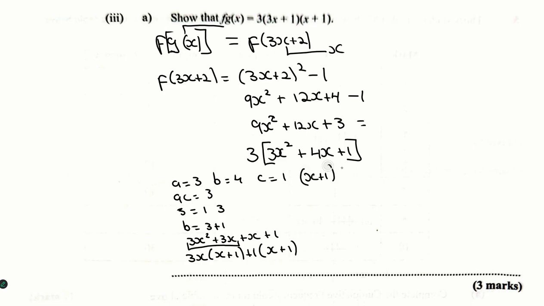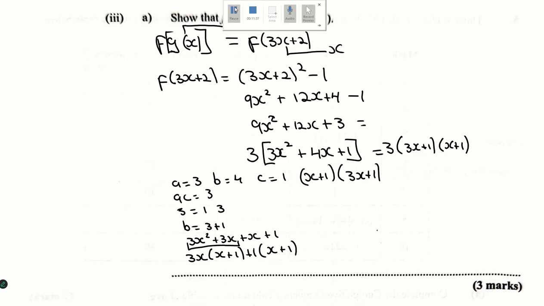And then in the other bracket is going to be what is outside, which is 3x plus 1. So this is now equal to 3 by what was in the bracket? 3x plus 1 by x plus 1. And this is how you would do part 3A for number 4.